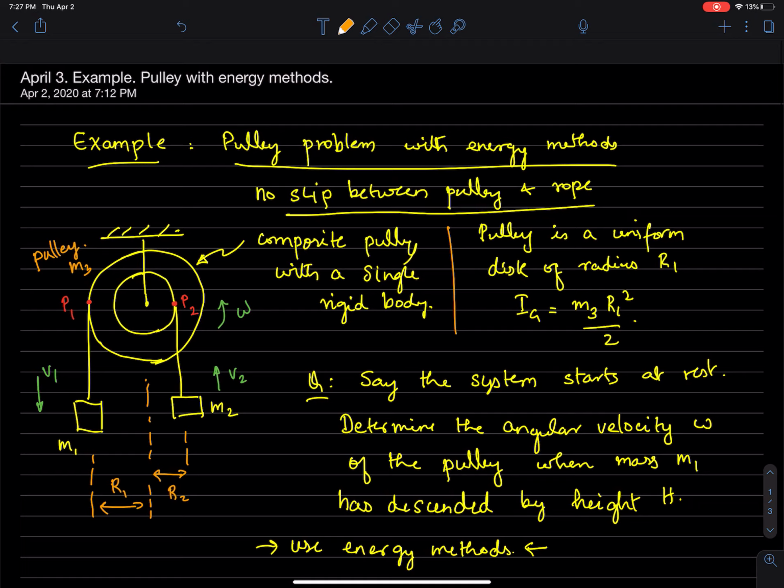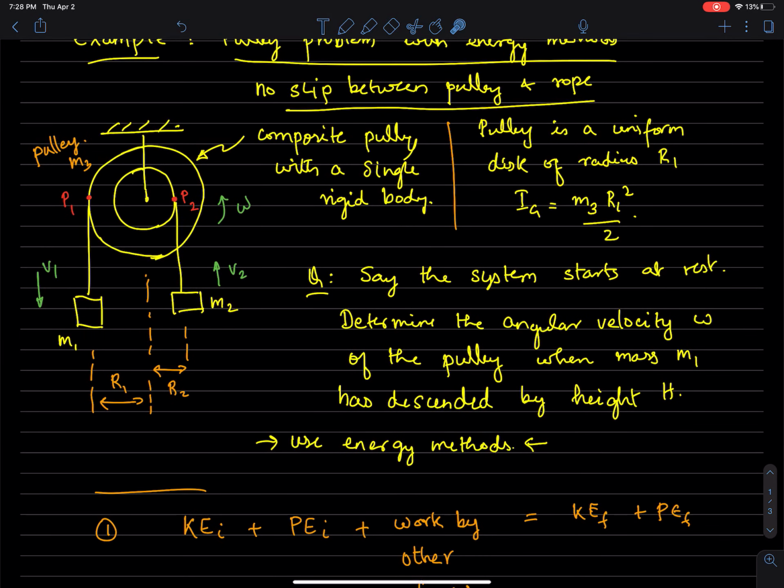So let's look at this picture again. If m1 goes down by h, how much does m2 go up by? You might be tempted to say h, but that is not the case. m2 is attached to this radius and m1 is attached to this radius. They're not on the same rope, so they don't go up and down by the same amounts.